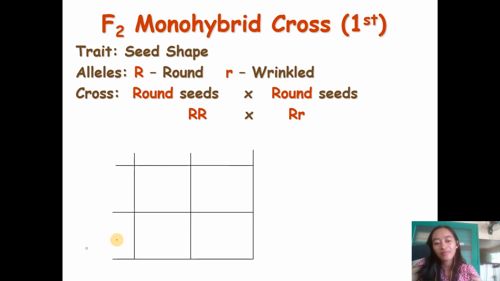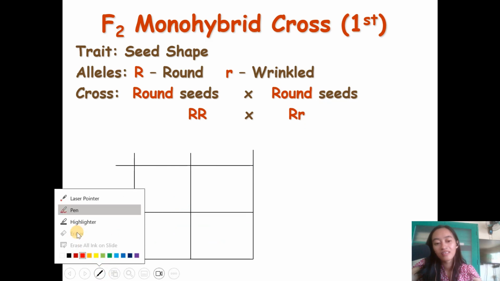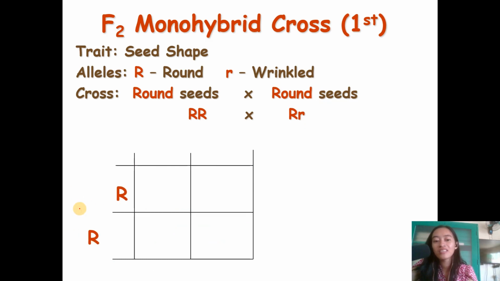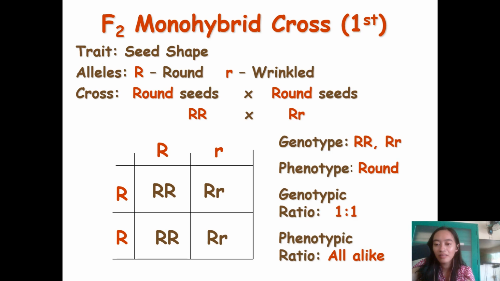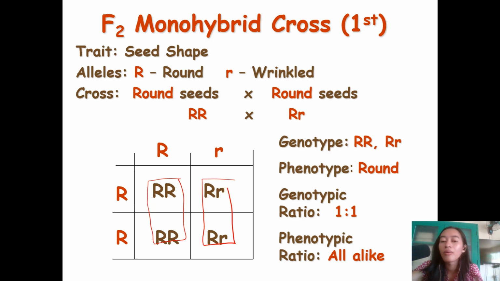Okay. Combine on the sides, and then the ratio would be like this. There are two pure homozygous dominant, and there are two heterozygous. Here you write the possible genotypes.